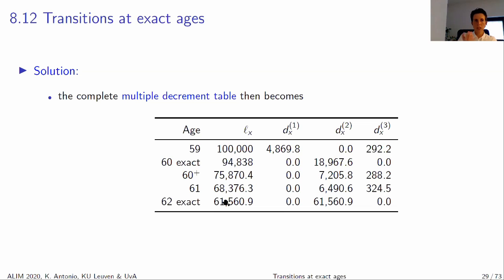So that's how I can take these transitions at exact ages into account in this particular multiple decrement setting. And in general, you really have to break it up into continuous time intervals versus things that happen at a certain specific discrete time point or an exact age in these examples.